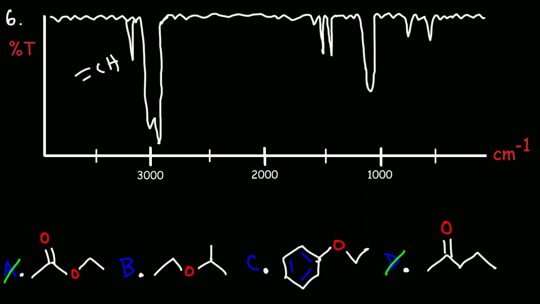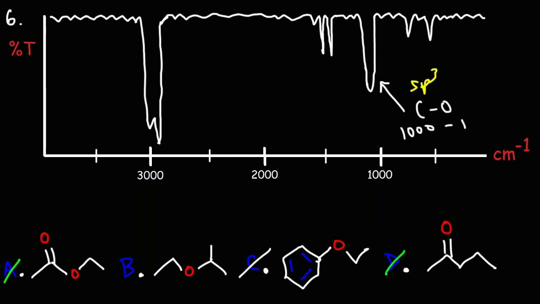So we have none of those. Therefore, that tells us that we can eliminate answer choice C. Now for answer choice B, we do have the CO stretch. This is the sp3 CO stretch between 1000 and 1150. So that would correspond to answer choice B.